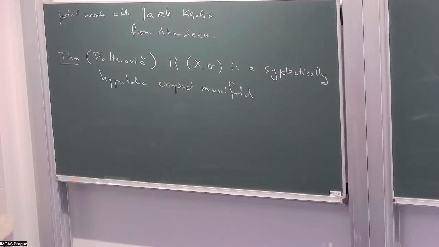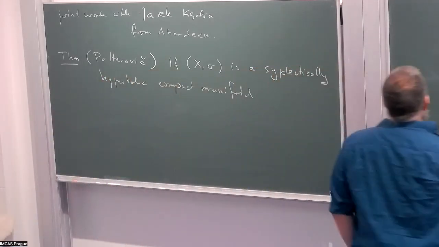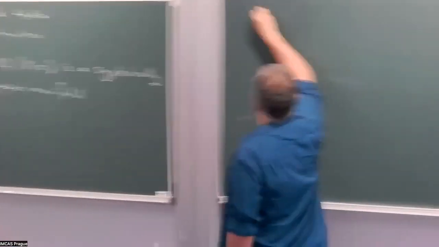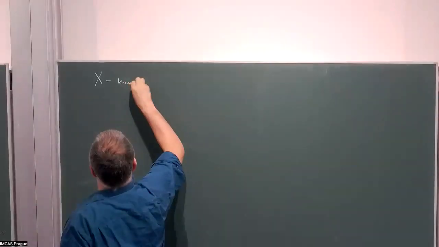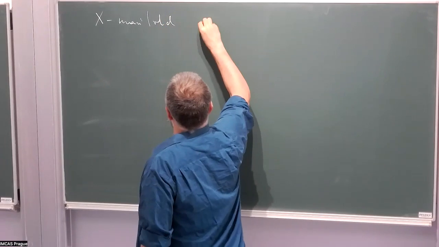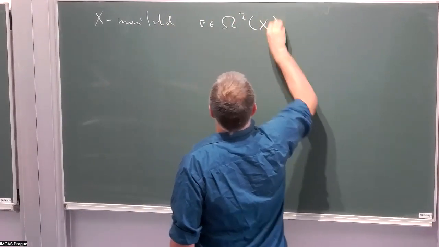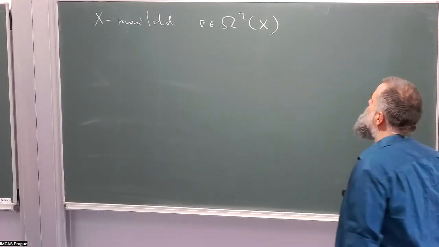So how deep should I go with explanations? Should I say what symplectic manifolds are? Thank you. So a symplectic manifold is a manifold X and sigma is a two-form on X with two conditions.